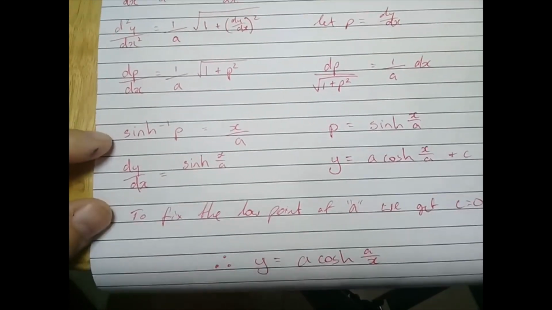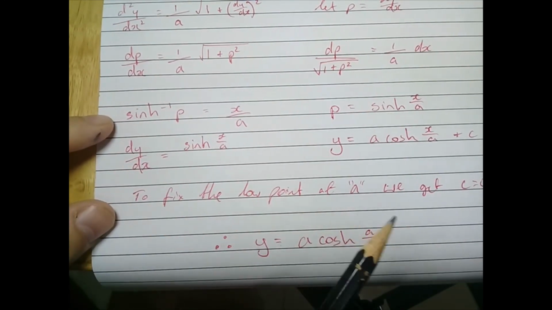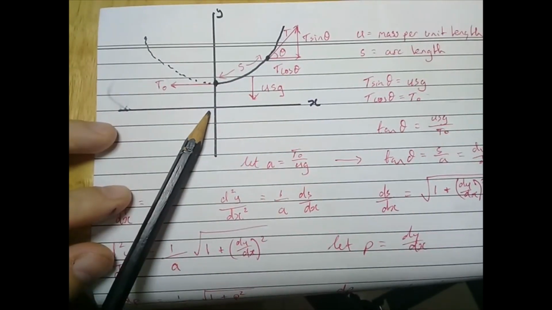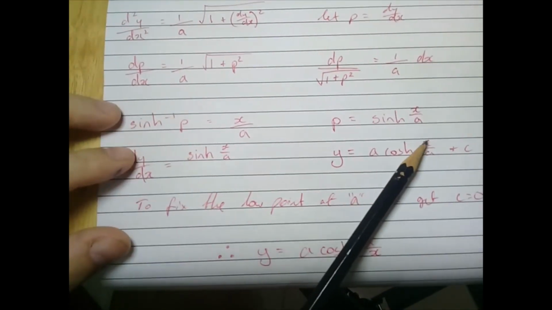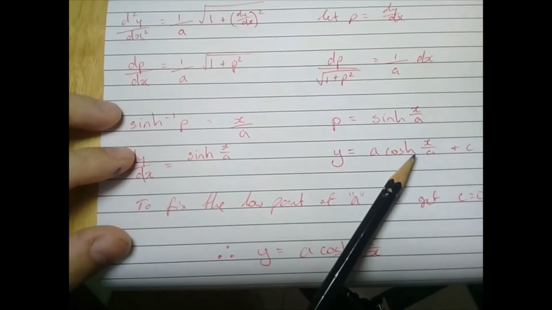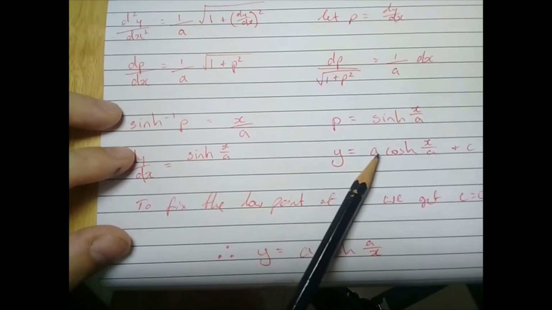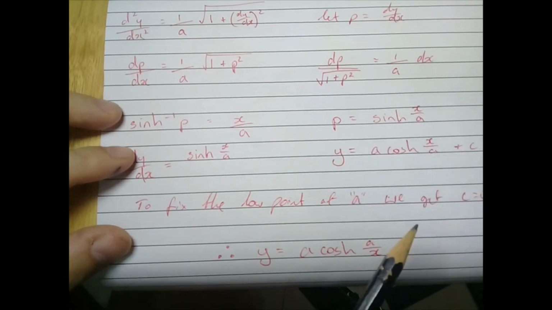Now the final little trick is to fix the low point at a, or the low point on my graph up here, is when x equals 0. So if I come down here and make x equals 0, the cosh of 0 is 1. And if I make y equal to a at that point when x is 0, c becomes 0.